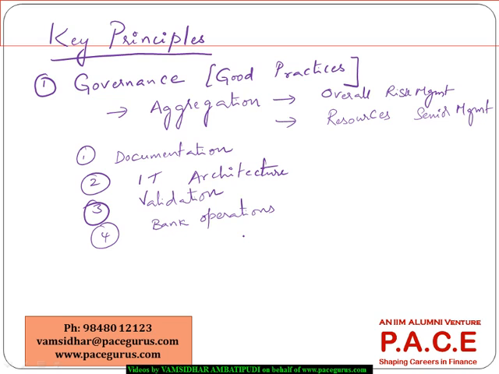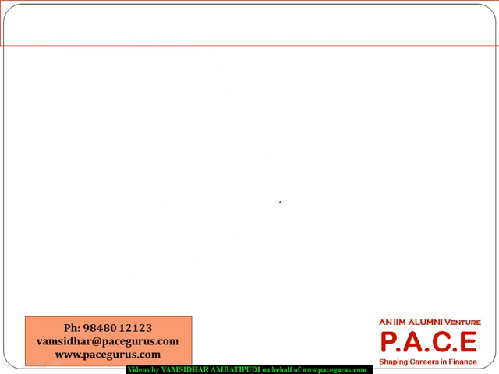And from a senior management layer, there should be a heavy amount of support, or the prioritization with respect to the data aggregation aspects, that needs to come from senior management. So overall, the governance with respect to data aggregation is one of the important principles as part of the data aggregation process.